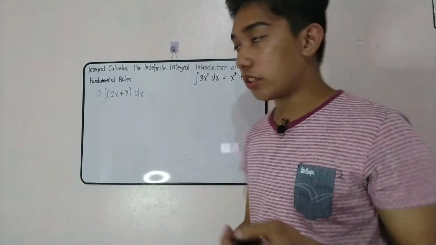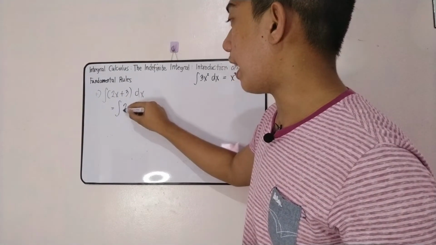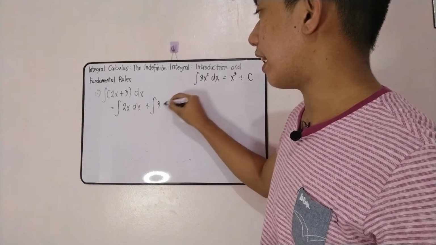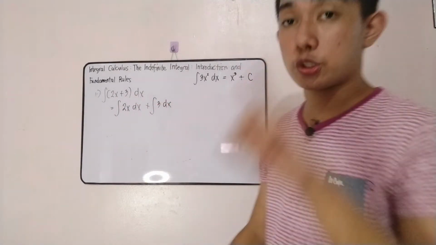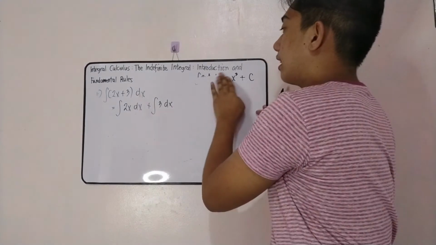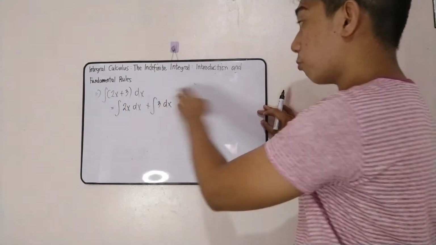So, to use the rule, I'll put 2x dx plus 3 dx. We can use the first rule, di ba? To separate both functions. Kasi this can be a function, this can be another function. So, separate natin.